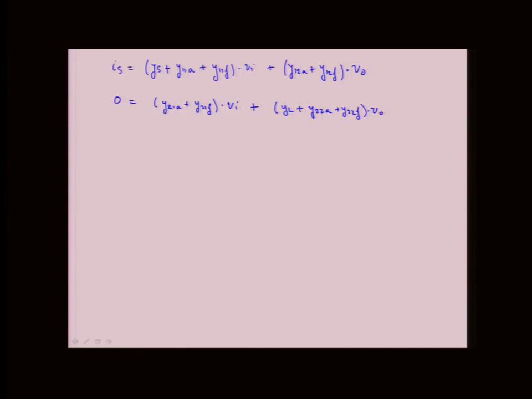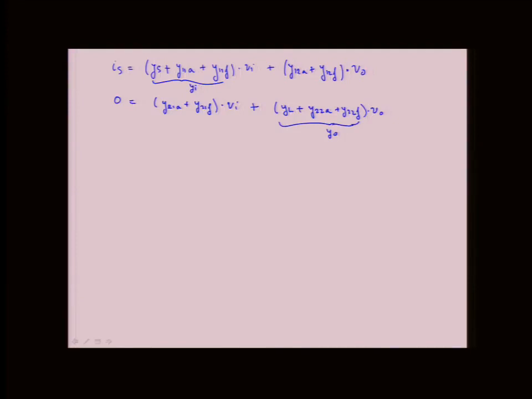To make things a little simpler, we're going to call this the total input admittance, Yi, and this piece the total output admittance, Yo. These are like real resistive values, and the rest are just the voltage-controlled current source coefficients.